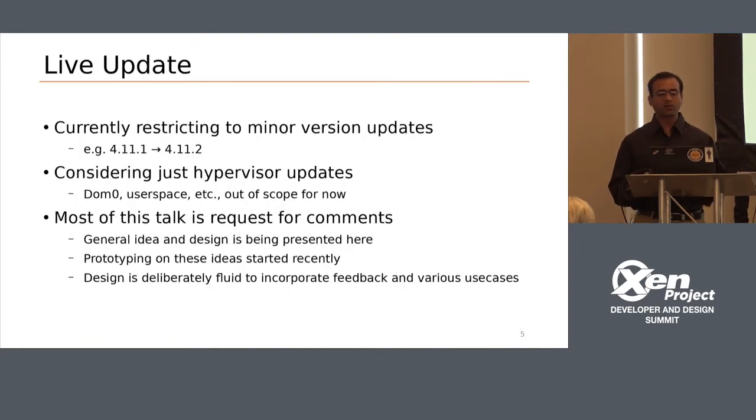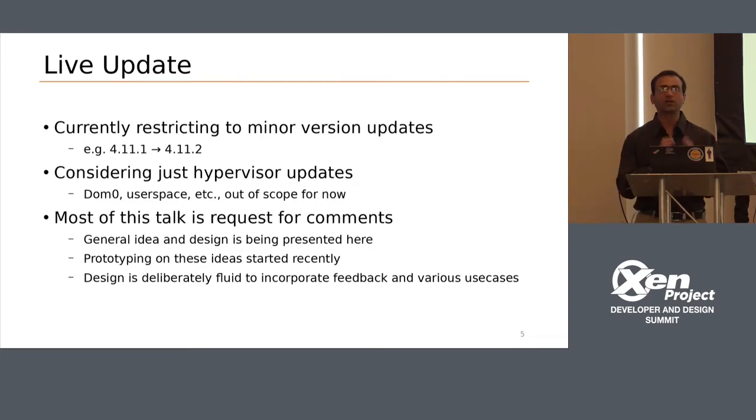Right, so a little bit more on LiveUpdate and what our current scope is and how we are approaching the problem. We're currently only thinking about updating to minor versions. For example, going from 4.11.1 to 4.11.2, not really thinking about major version updates right now, but we're being mindful about those problems.